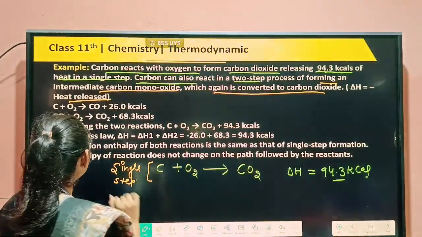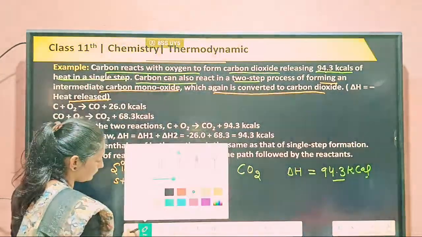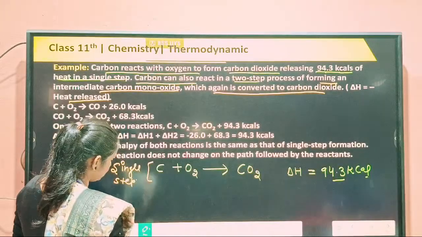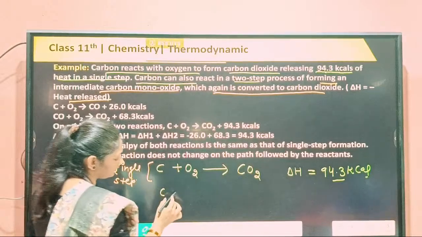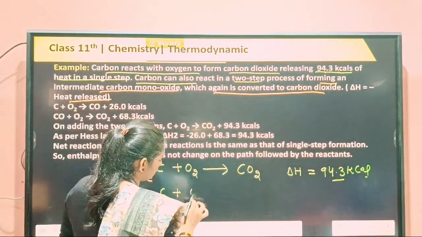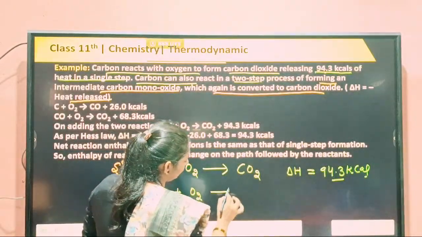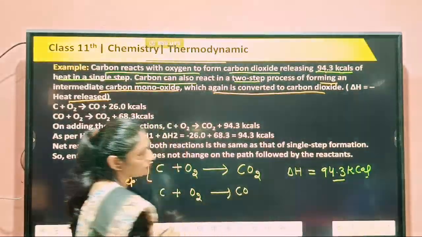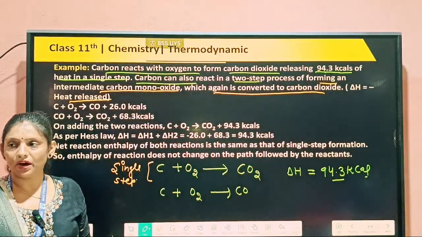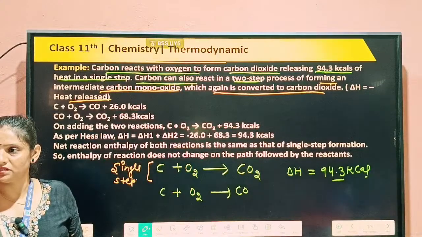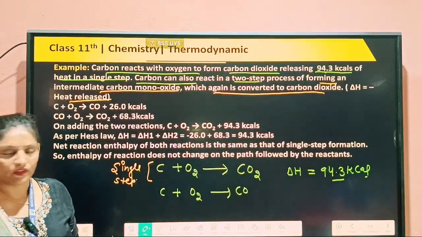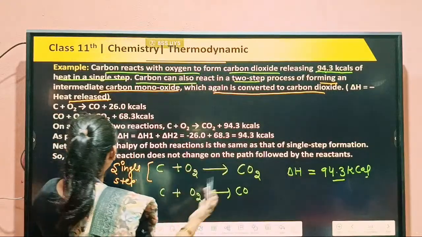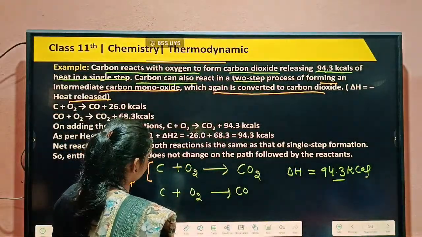So you can understand this reaction may go in this way. First of all, carbon reacts with oxygen and gives us carbon monoxide, meaning partial combustion takes place first. Combustion means burning in the presence of oxygen.